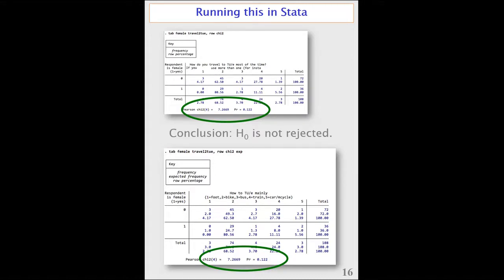And that here is 0.12, above 5%. So this means H0 is supported, or stated differently, H0 is not rejected. Apparently, in this case, there is no reason to really believe that there is dependence between being boy or girl and what kind of mode of transportation you take to TU/e.